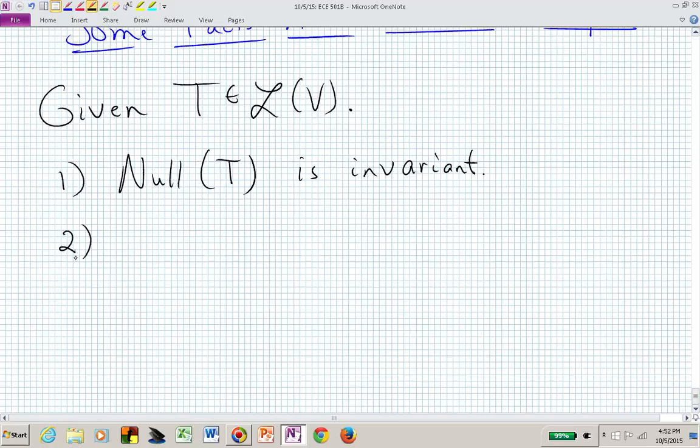If that's the case, what can we say about the range of T? That also is invariant. We're trying to get some subspaces that we know something about that we can relate to these ideas of things being invariant.